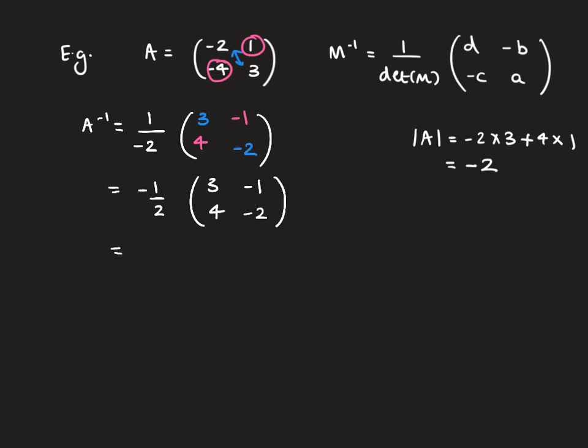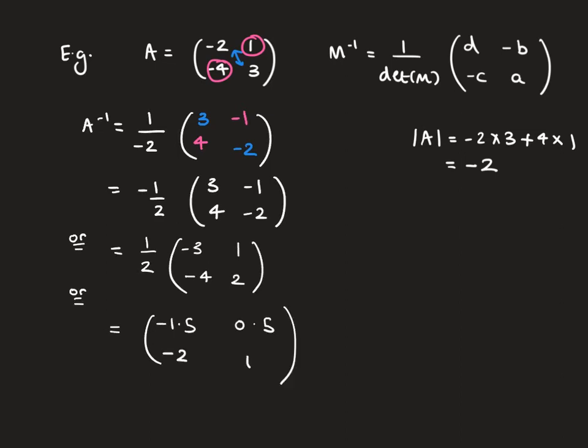Some people prefer not to have the negative out at the front, so they might rewrite that as a half, and then negative 3, negative 4, 1 and 2. Or you could bring the factor of a half inside if you wished for whatever reason. So you'd have negative 1.5, 0.5, negative 2 and 1 as your alternative answer here.